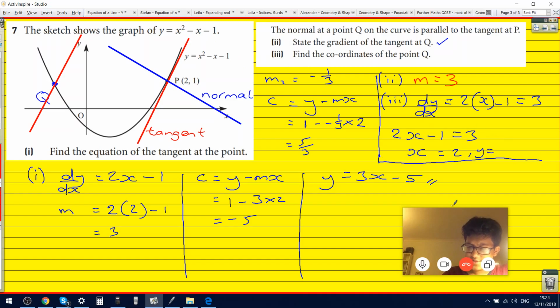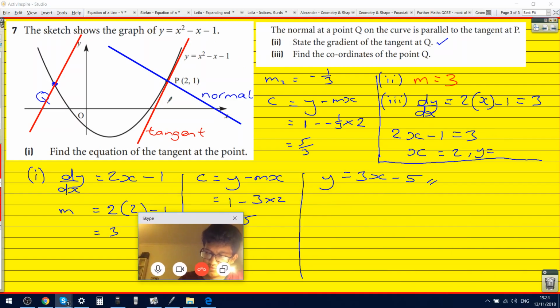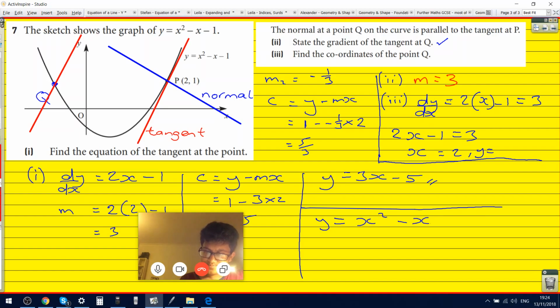When x is 2, y equals x squared minus x minus 1. And you said x is 2? Well, so would we just sub in 2 for the x value? Yeah. And that will give you y.